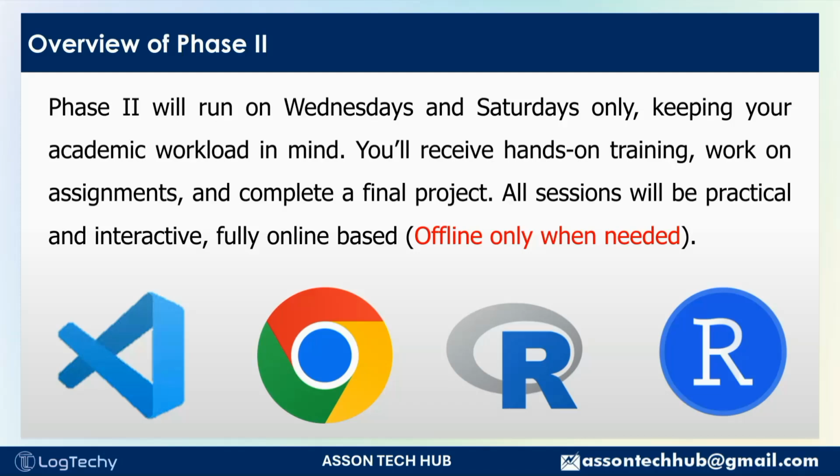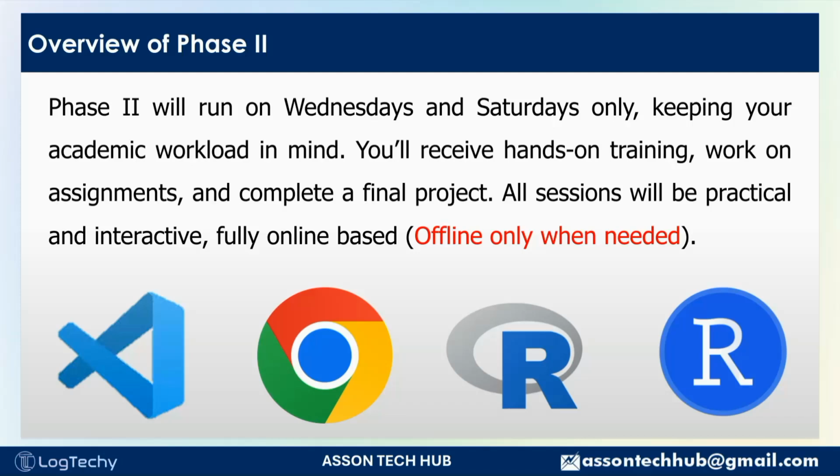So, have it in mind that you need to install some software for this phase. One of the software you need is Visual Studio Code. You need Visual Studio Code because that is the IDE we are going to be using for writing the programming languages that we'll be using for our web development.